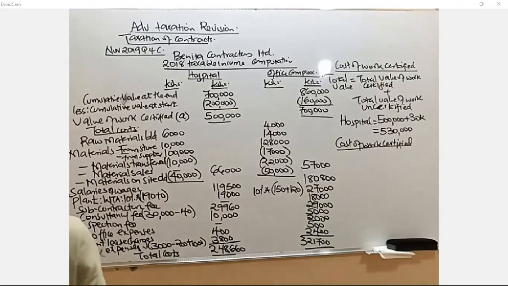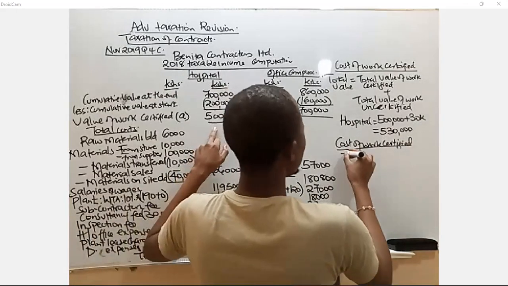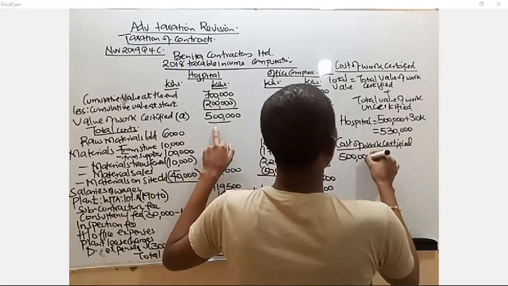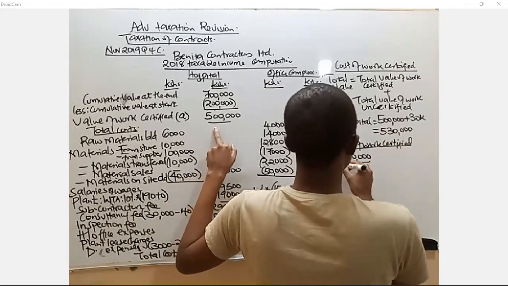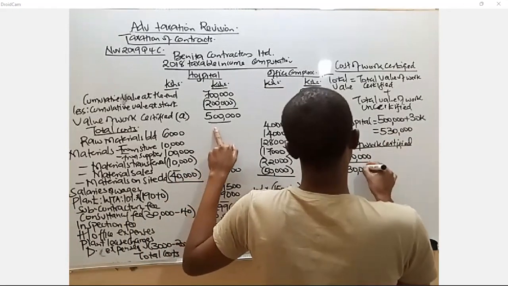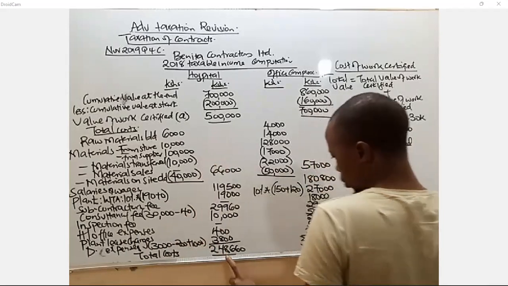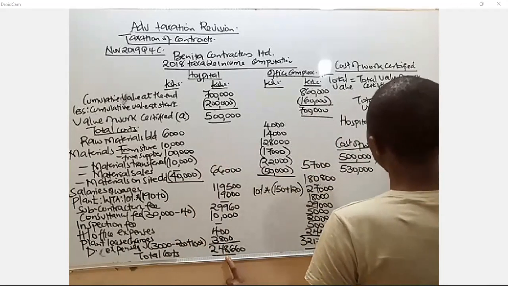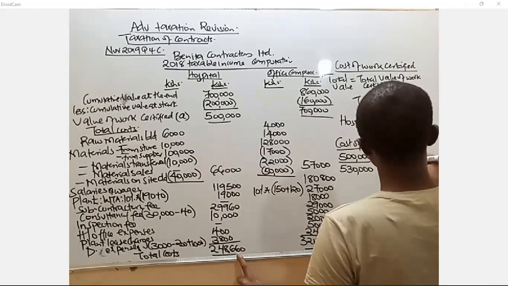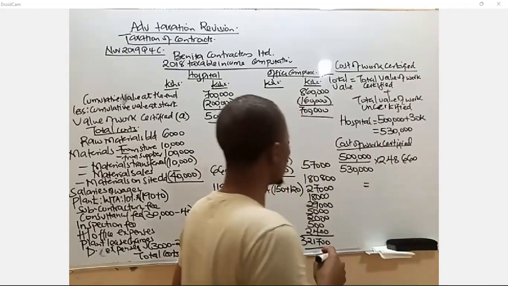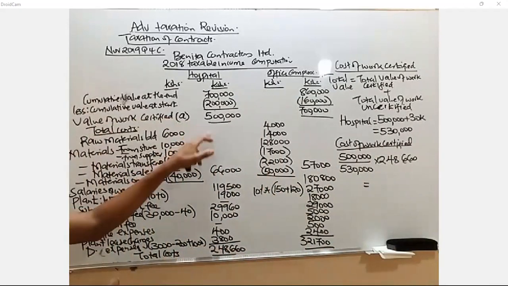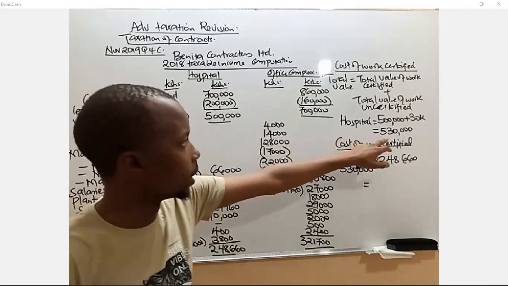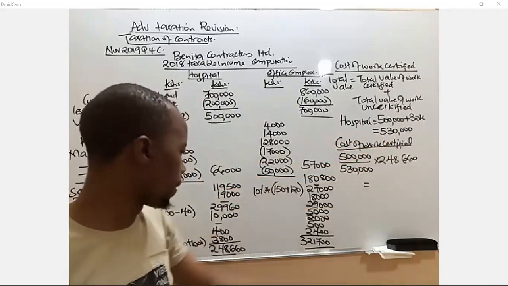So how can we get the cost of work certified? I take the value of work certified, which is 500,000, divide by the total here, which is 530, then multiply by the total cost, which is 248,660. Take the total value of the work certified, divide by the total value, then multiply by the total cost.